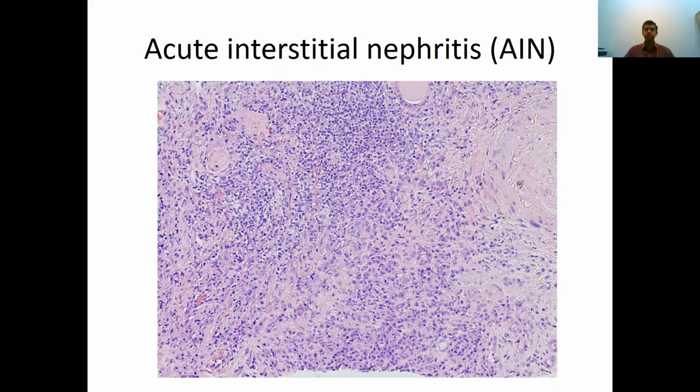So acute interstitial nephritis, as you can see by the name, this is the parenchyma of a renal biopsy. And you can hardly see any glomeruli or tubules, but in the interstitium, you can see all these inflammatory cells that have come into the interstitium. And that is when you call it acute interstitial nephritis.